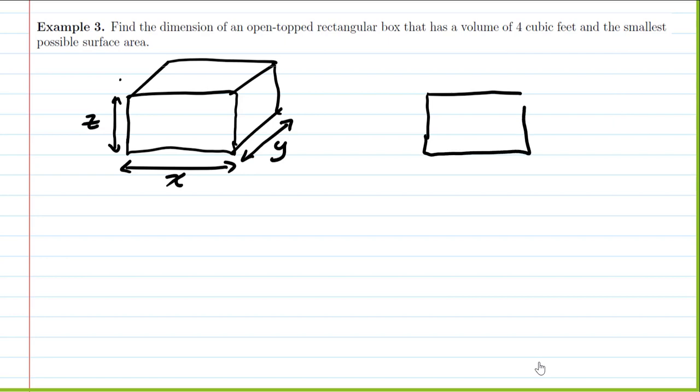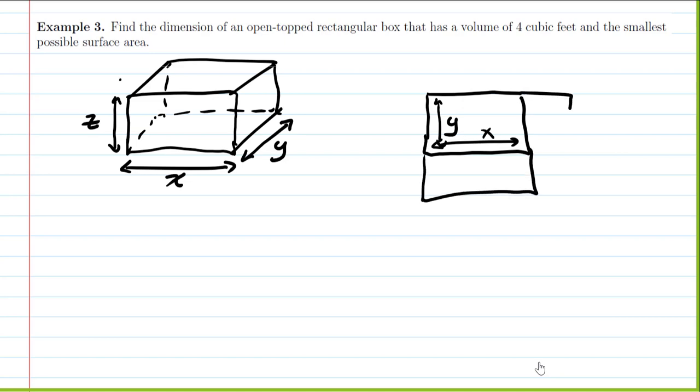So based on my picture, my base down here in the bottom would have dimensions x and y, right? And then imagine if I fold down the 4 sides that are there, it's going to look something like this.